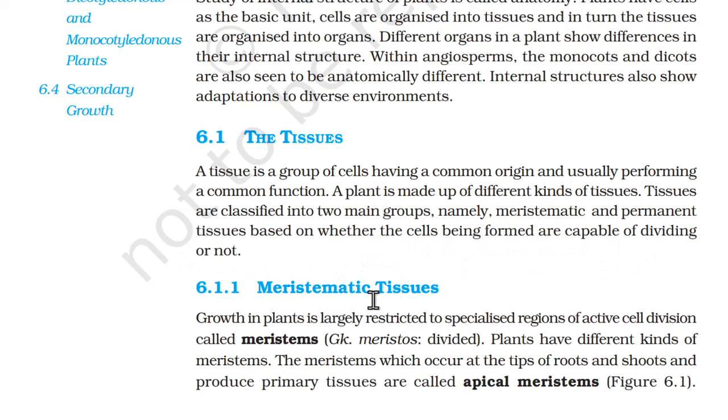6.1.1 Meristematic tissues. Growth in plants is largely restricted to a specialized region of active cell division called meristem. Plants have different kinds of meristem. The meristems which occur at the tip of roots and shoots and produce primary tissues are called apical meristem.